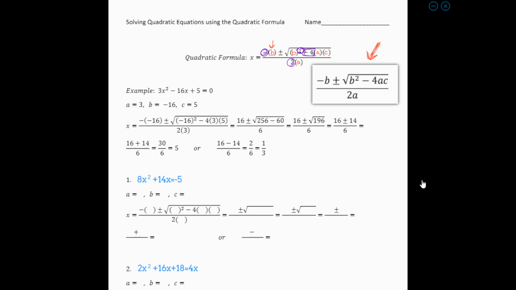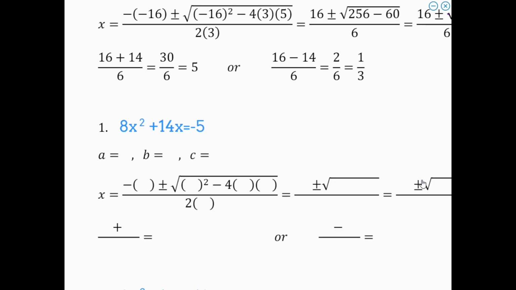Okay, so I already have it written on my paper. In order to solve a quadratic, what do I first have to make sure? Not yet. The first step is to always make it equal what? 0. Has to equal 0.